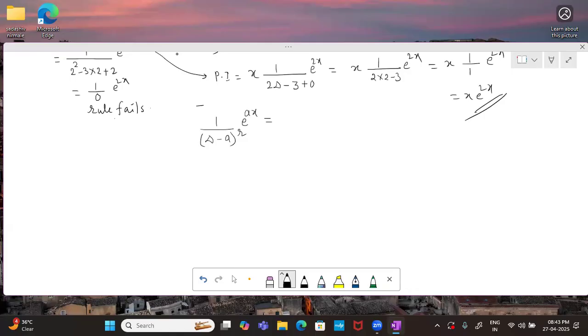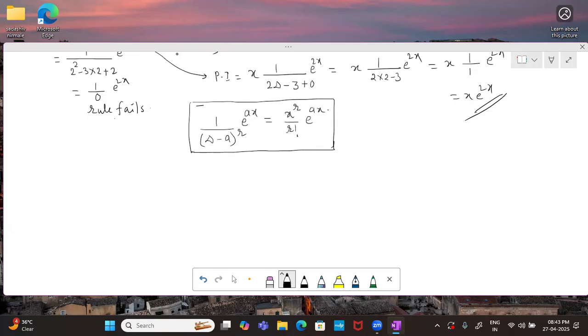Special case. Sometimes we have to apply this formula to find the PI. So the answer will be x raised to r upon r factorial into e raised to x. Sometimes we use this rule to find the PI in a failure case.